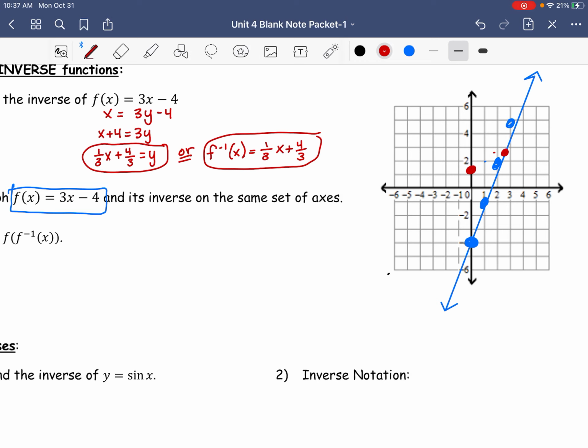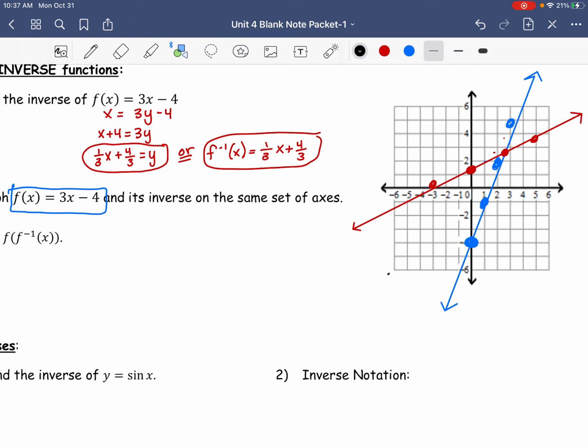Or I could go down 1 over 3. And just do your best to draw this line in. There we go.